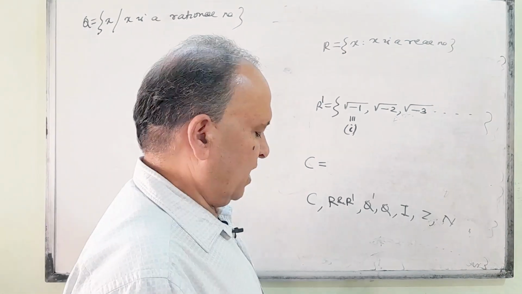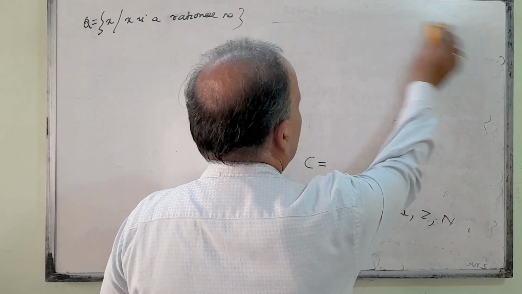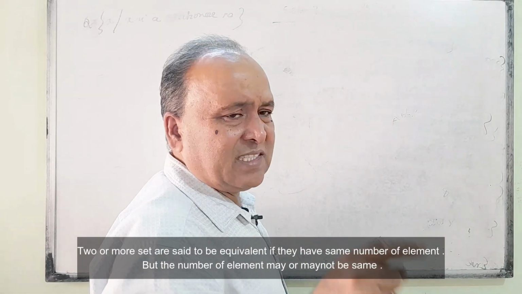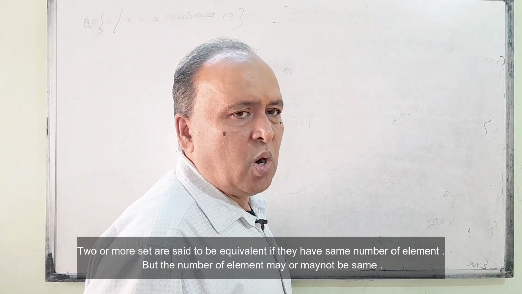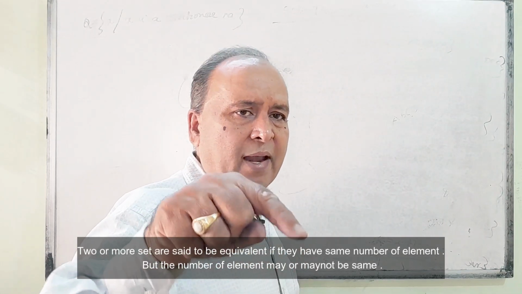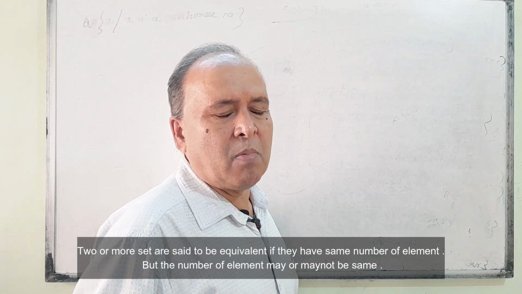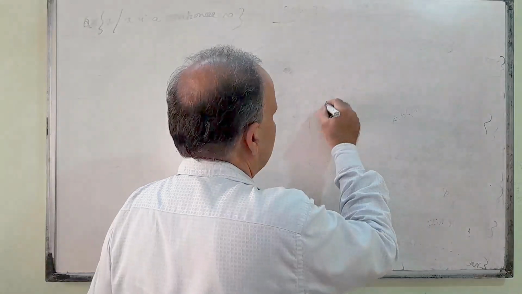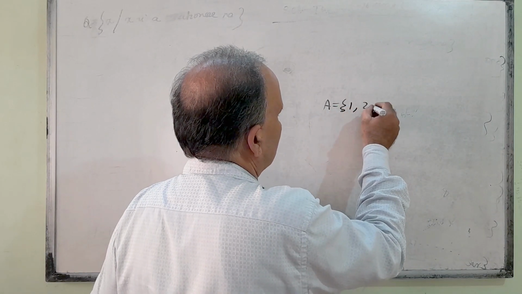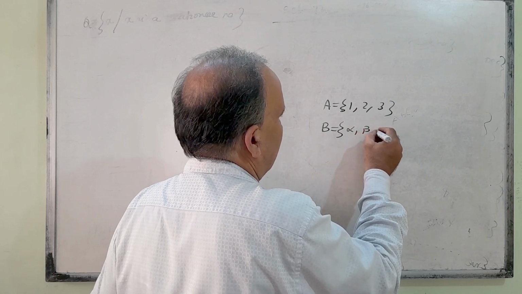Next, come to equivalent sets or similar sets. Which are equivalent sets or similar sets? Two or more sets are said to be equivalent or similar if both have the same number of elements, but the elements may be the same or may not. Like this, suppose A is a set, we write 1, 2, 3, and B is a set, we write alpha, beta and gamma.